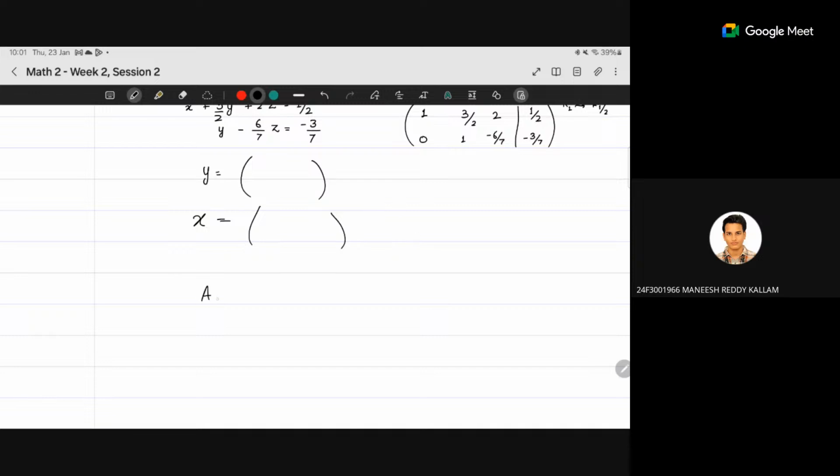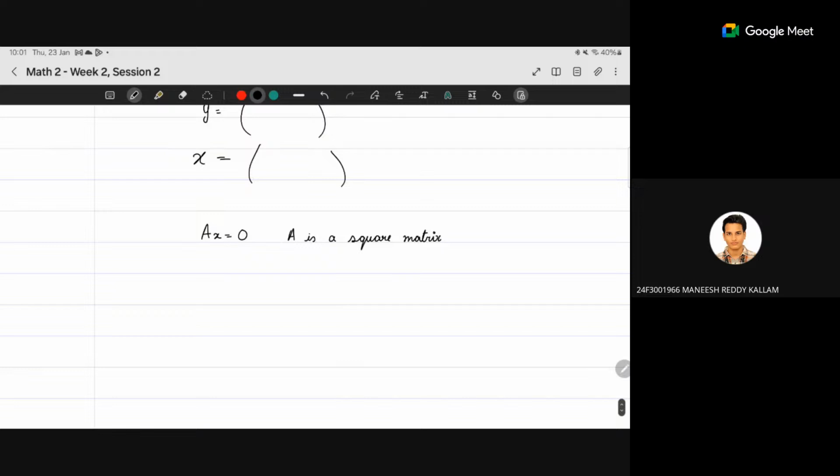If you have Ax equal to 0 and A is a square matrix, this is the specific case which you are probably talking about. Now, if determinant of A is non-zero, then the unique solution that we have seen is A inverse b, correct? But A inverse times the 0 vector will be 0. So x equal to 0 is the unique solution for that.